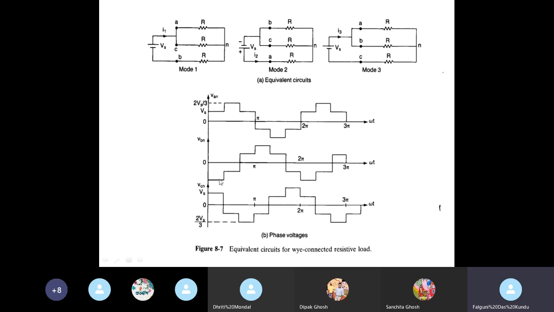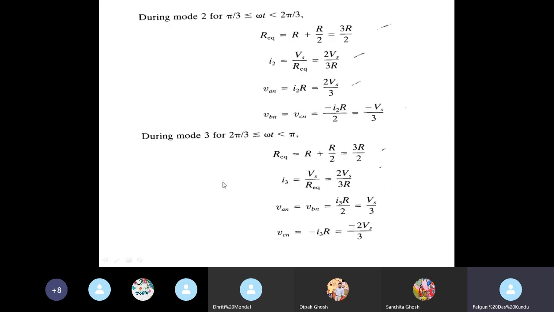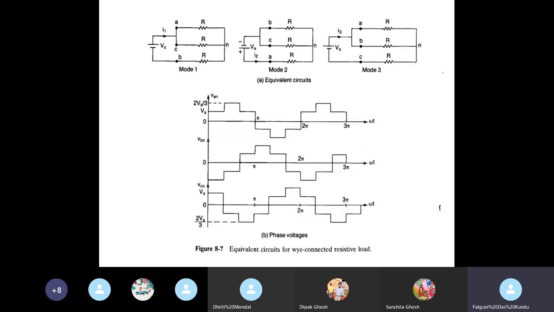After that, for omega t between pi by 3 to 2 pi by 3, the value of VBN is minus Vs by 3, and after that, from 2 pi by 3 to pi, VBN is Vs by 3. Okay, again the same structure or configuration is followed.